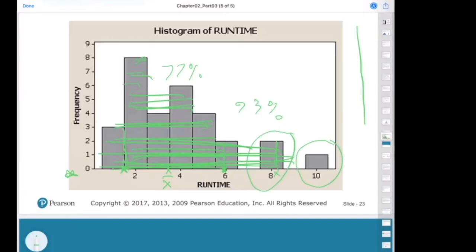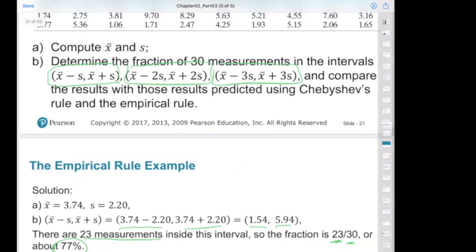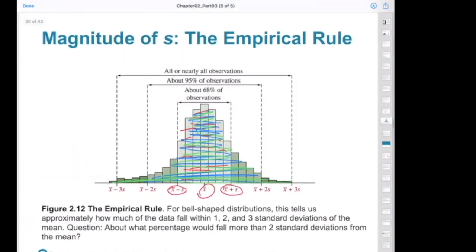This bar is an outlier, which makes the distribution more skewed to the right. But if the data here follow the empirical rule, it should be close to this distribution or this histogram.